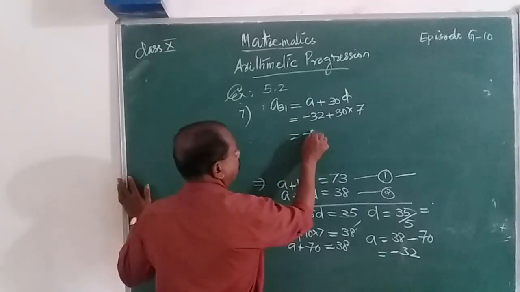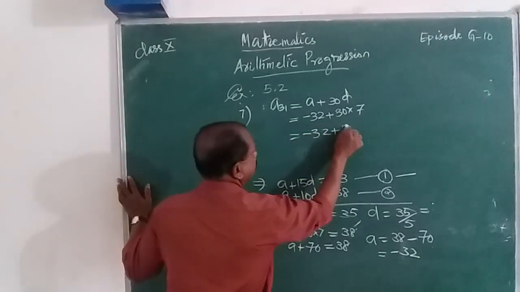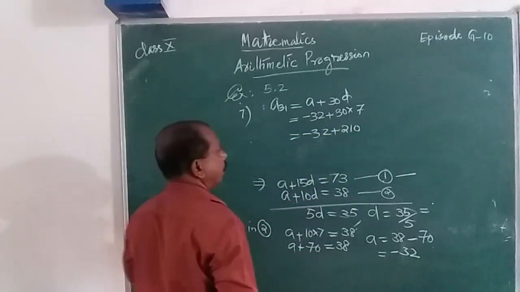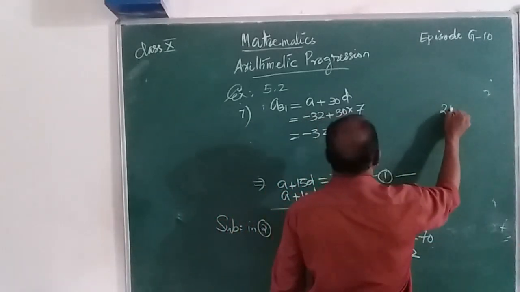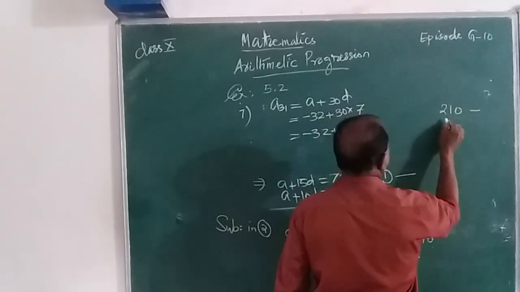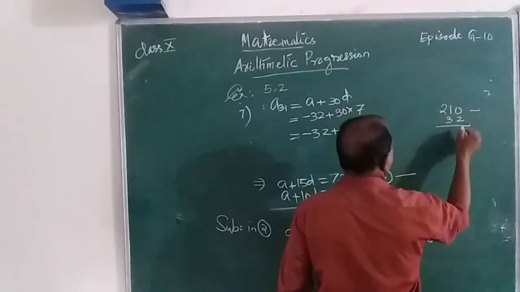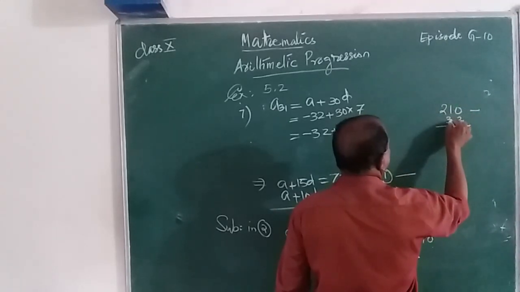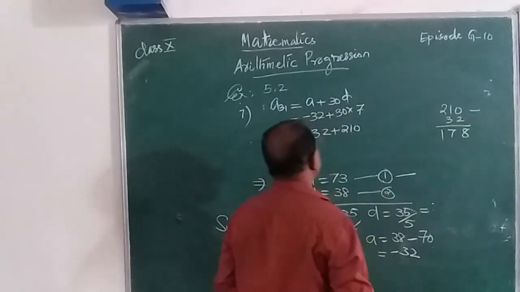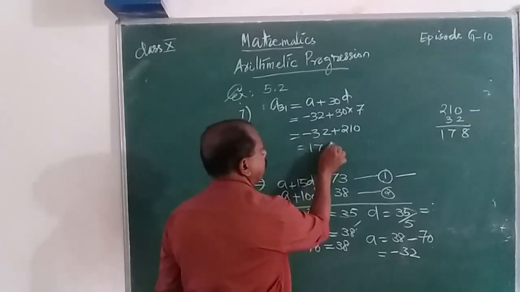That is equal to minus 2 plus 10. Therefore, 10 minus 3, 7, 1. That is equal to 178.